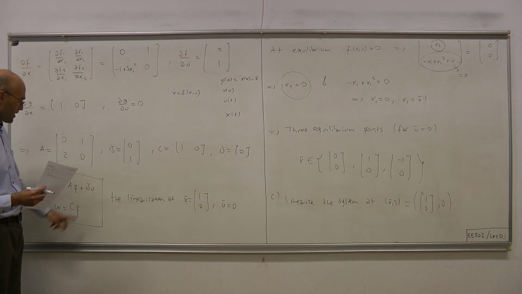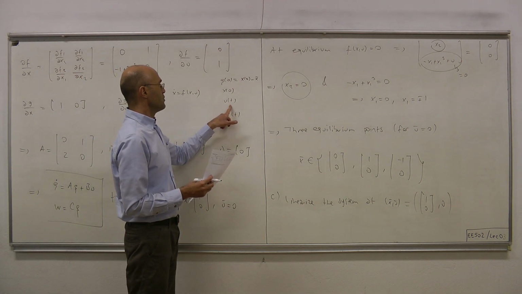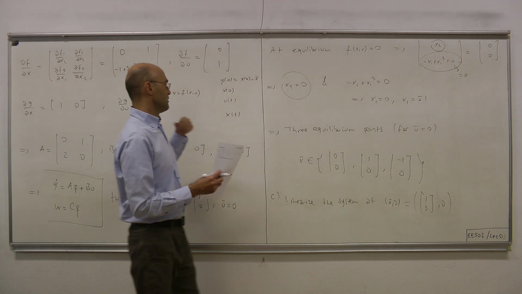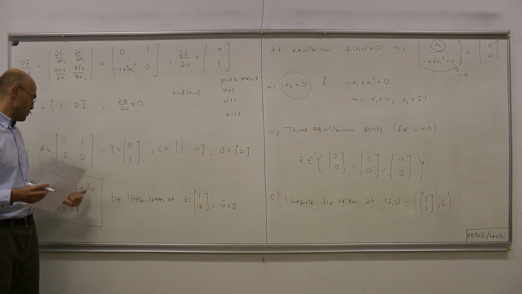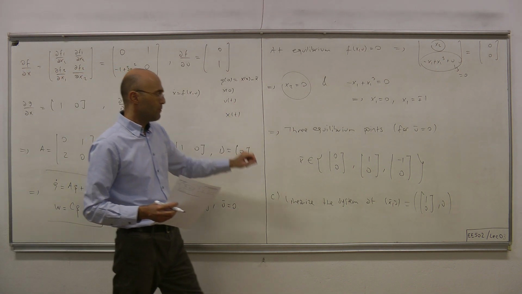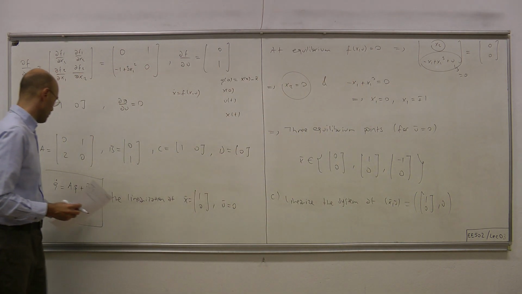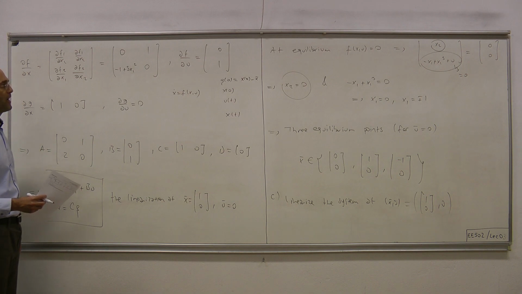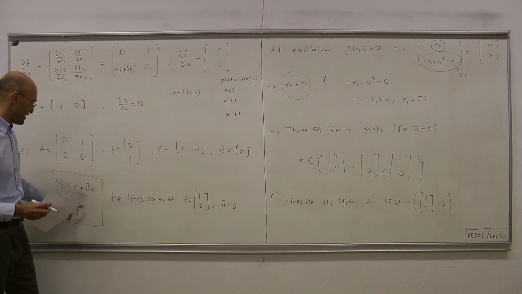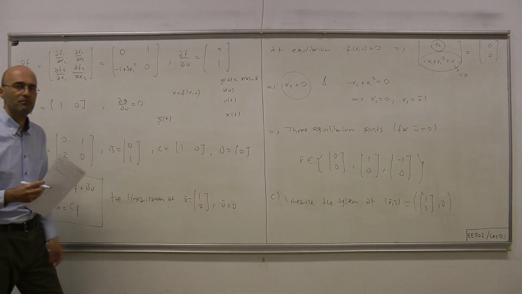What's the input that you run the system with? Here you have u of t, and to the linear system you apply the input u of t minus u bar. But since u bar is 0, you're applying the same input to your linear model. Then your linear model will give you a psi of t.